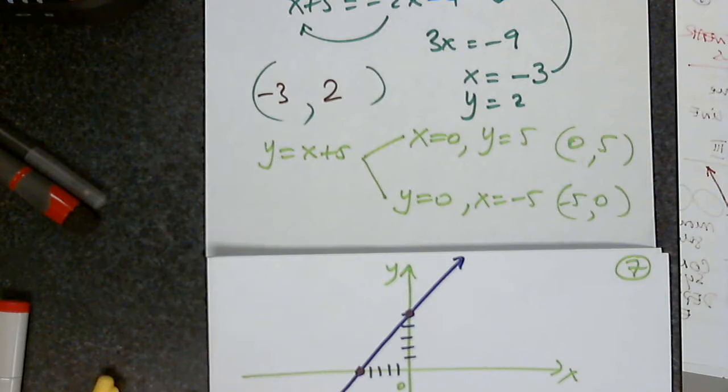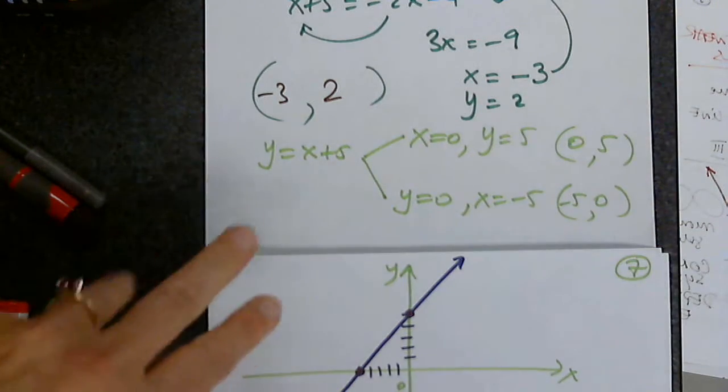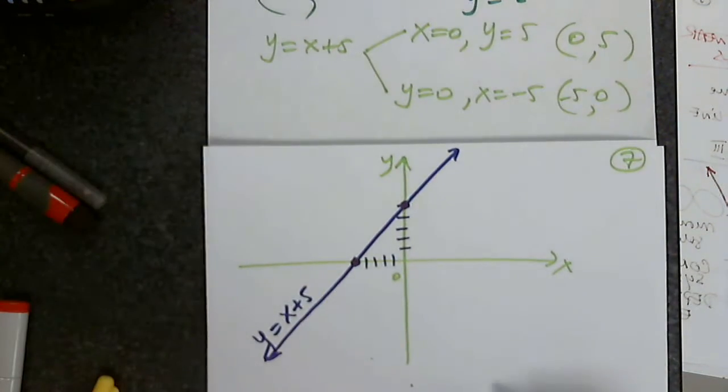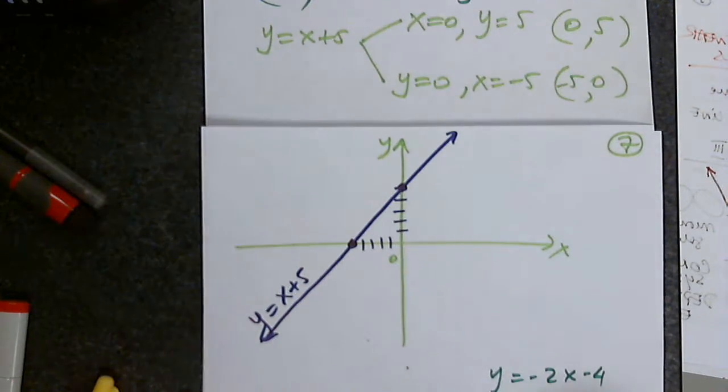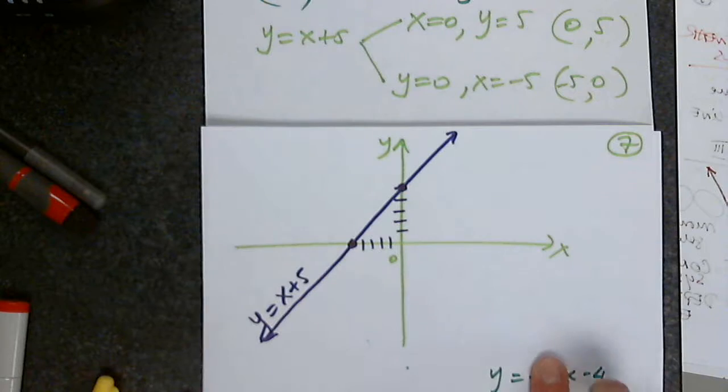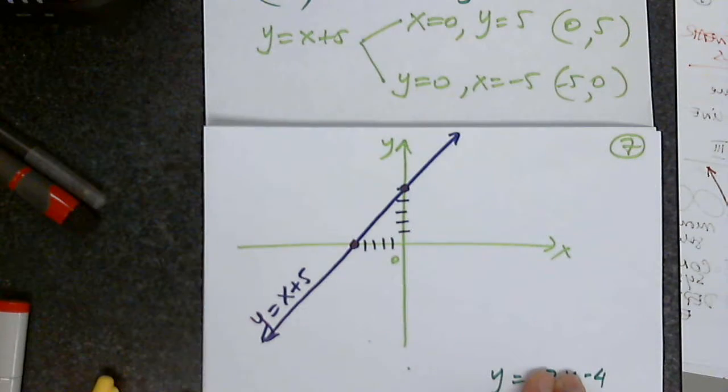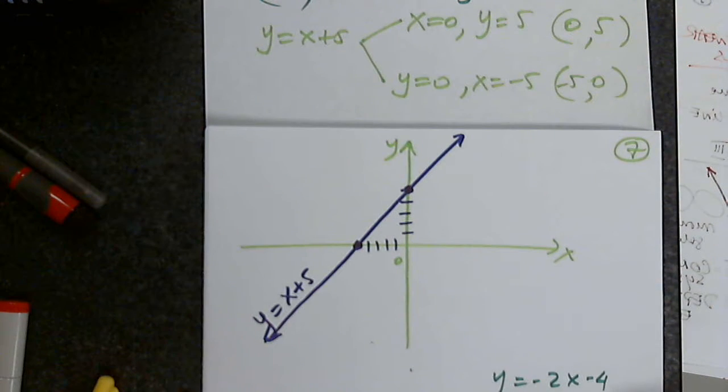Next, I do the same thing to y equals negative 2x minus 4. So when x is 0, how much is y? Good. So 0, negative 4.